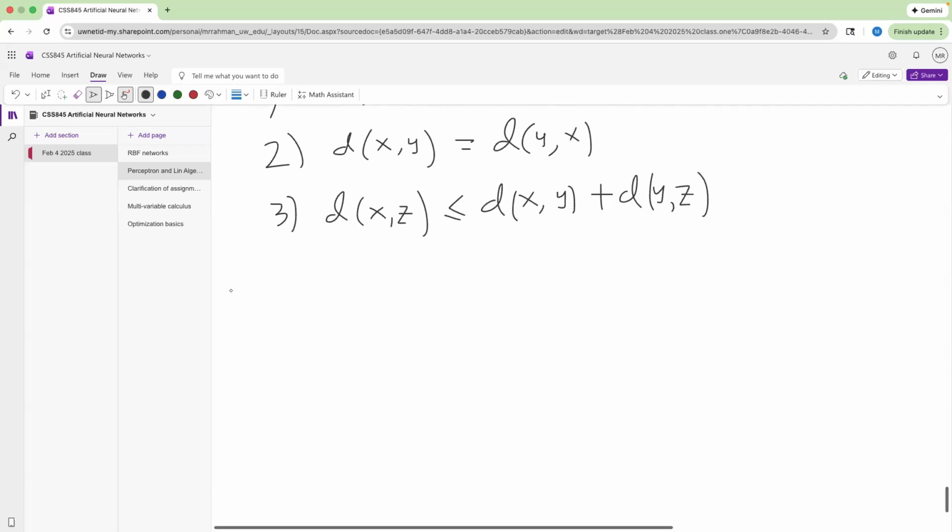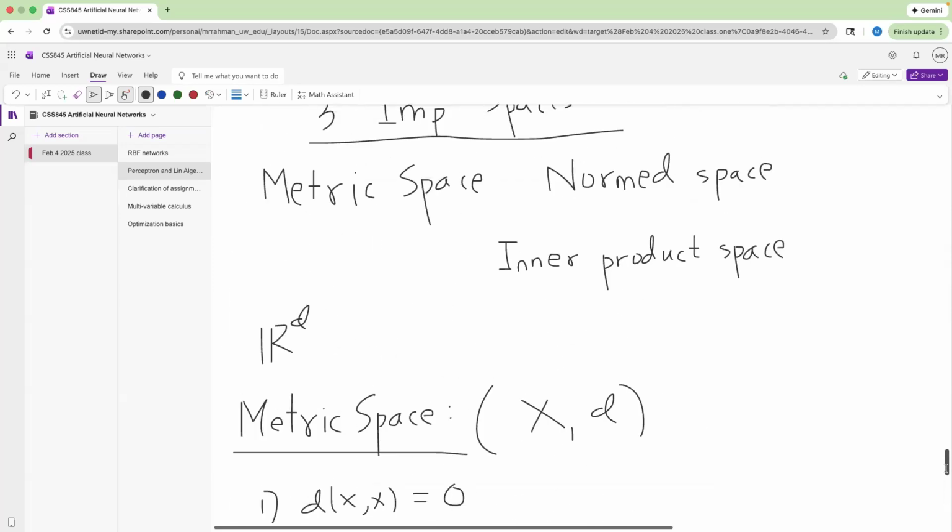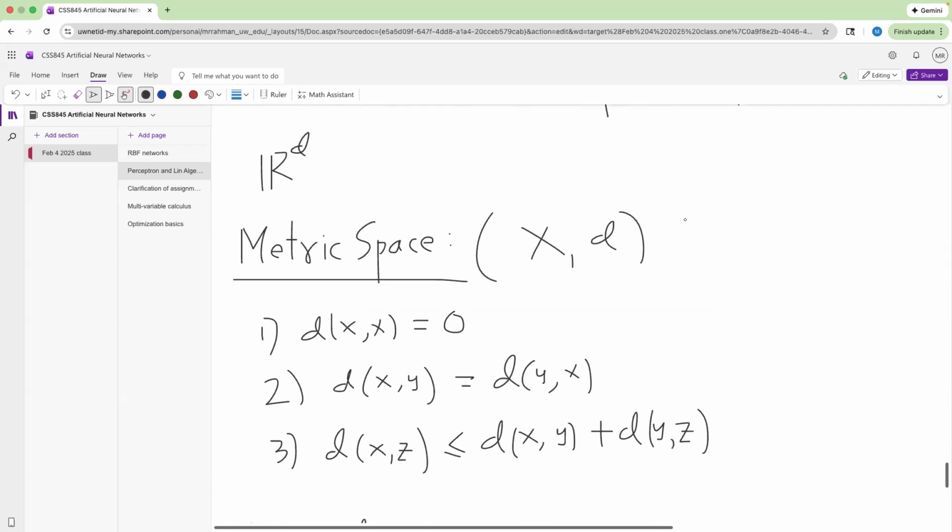Okay, so next, let's define a normed space. We said that a metric space may not be an actual vector space, right?